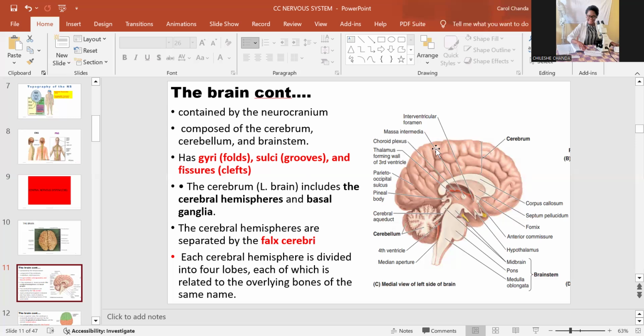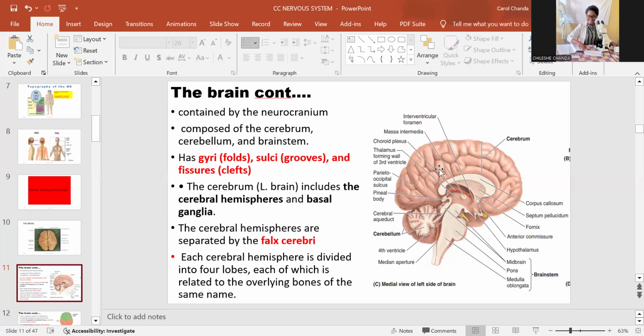We're looking at this picture after having dissected the brain in the mid-sagittal region, so you're looking at one side of the brain. This one hemisphere is part of the cerebrum. We find several nuclei of neurons there, and collectively they are known as the basal ganglia or basal nuclei.